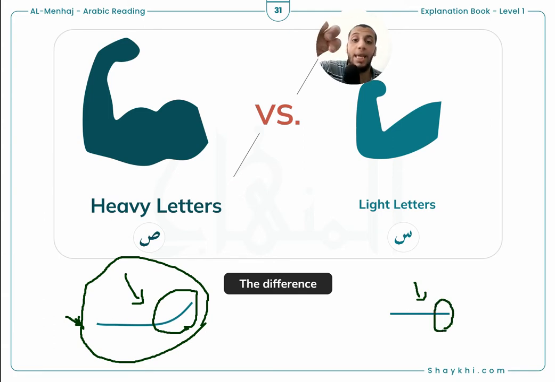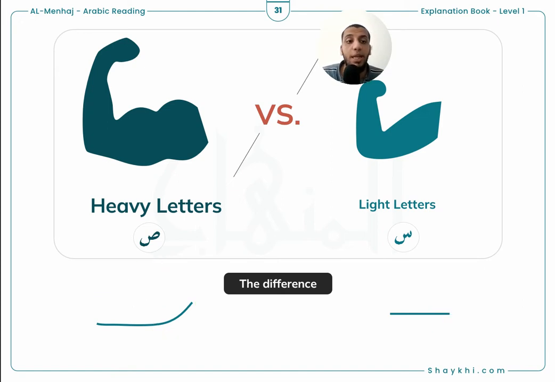The difference between a heavy letter and a light one is that the back of the tongue is raised. If this is a tongue, the back of the tongue is raised when we pronounce a heavy letter. But when we pronounce a light letter, the back of the tongue is not raised. You see, it's so simple.